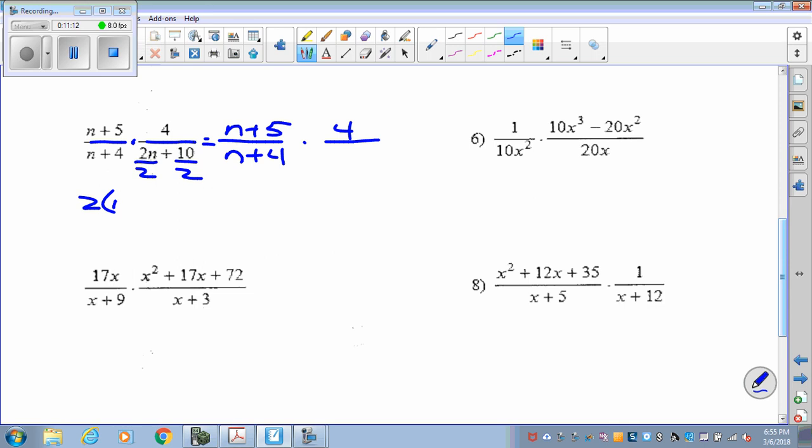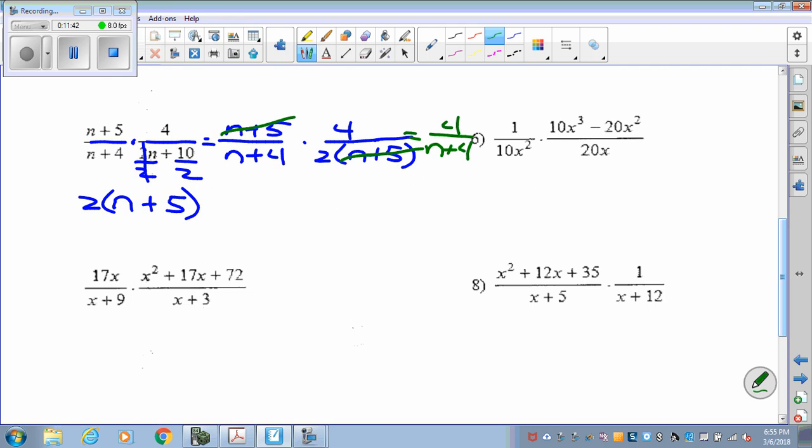So 2 comes out, divide by 2, so that's n, and then 10 divided by 2 is positive 5. So here I have 2 times n plus 5. All right, and so now the fun part, we'll cancel out the ones that they both have. And so my final answer would be 4 on top and n plus 4 in the denominator.